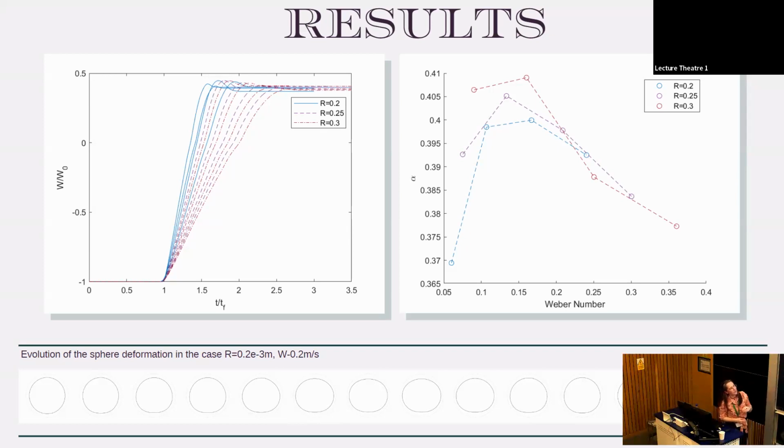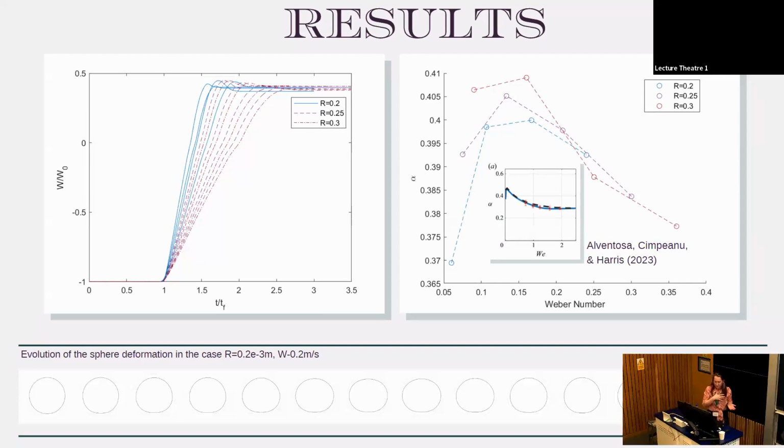The other image then is the coefficient of restitution. And you can see for small Weber numbers, it seems to be lower and it has this nice curve shape. And that matches, at the very least preliminarily, with work done by Radu, Alventosa and Harris, where you do see this sort of behavior. This is very, very off the press.